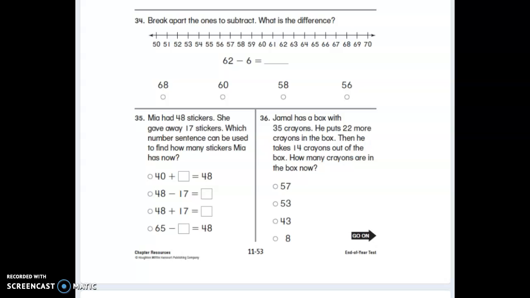Number 36. Jamal has a box with 35 crayons. He puts 22 more crayons in the box. Then he takes 14 crayons out of the box. How many crayons are in the box now?